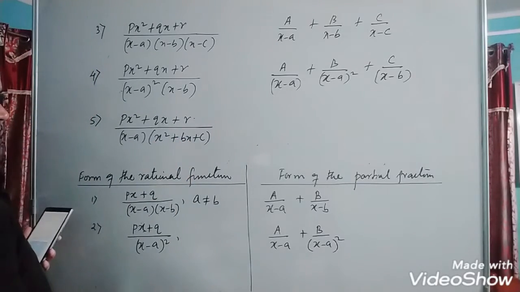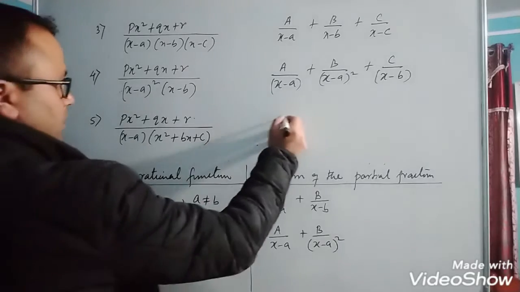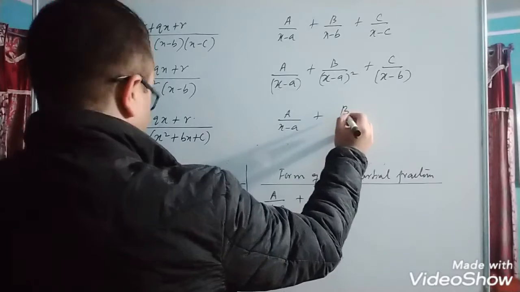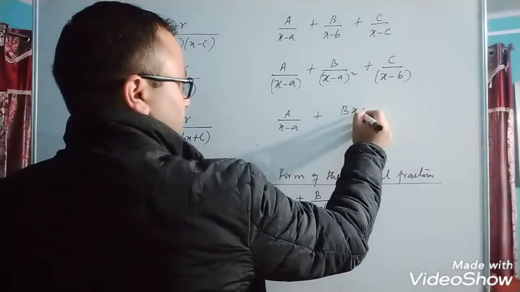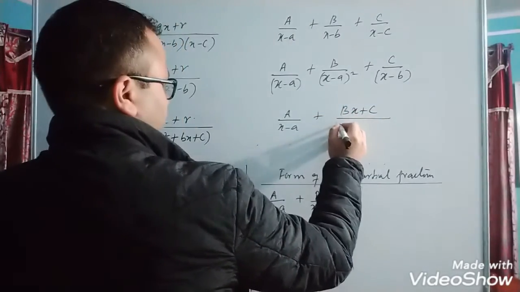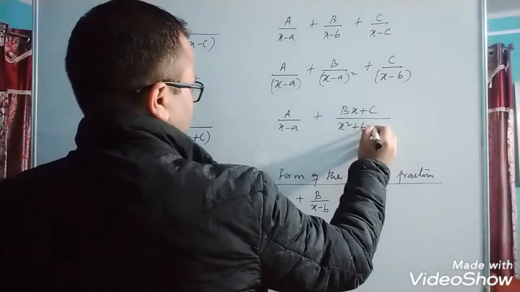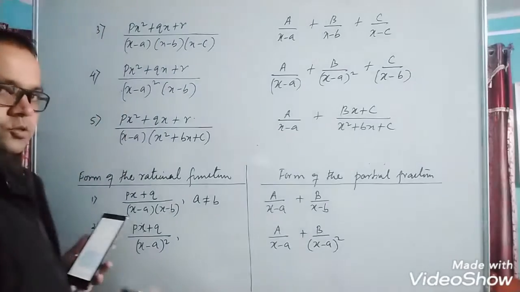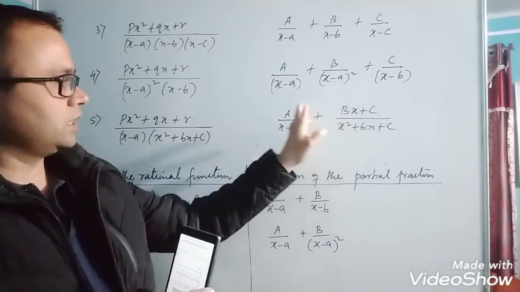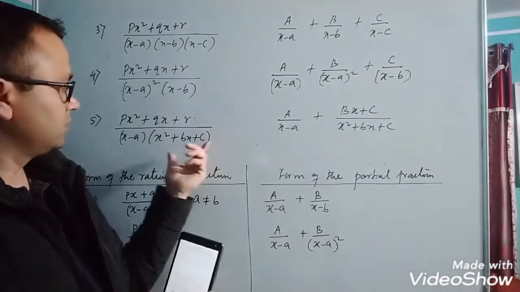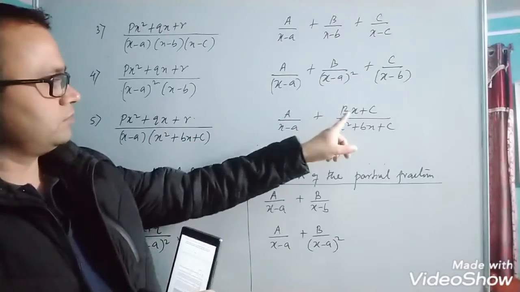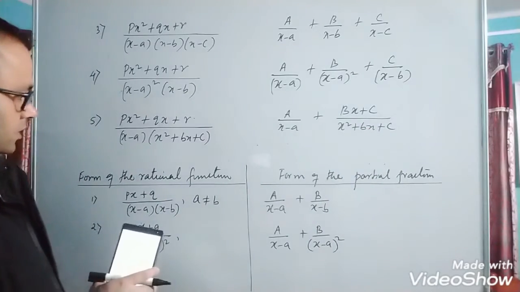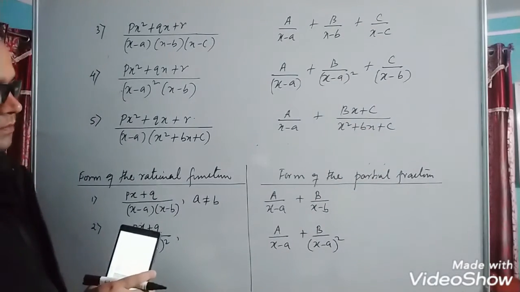So in this case the partial fraction will be a by x minus a plus bx plus c divided by x square plus bx plus c. For a quadratic factor we write a by x minus a first, and then bx plus c divided by x square plus bx plus c. So these are the forms of rational functions into partial fractions.